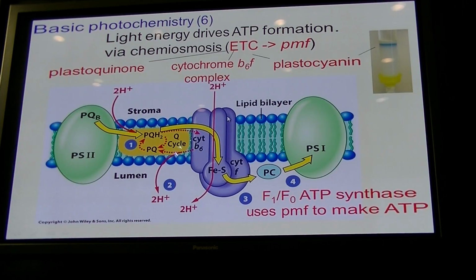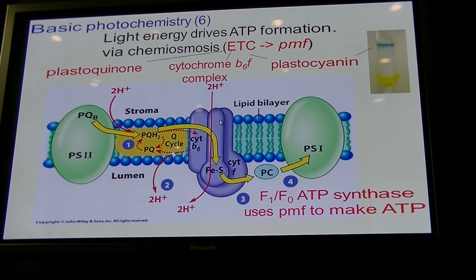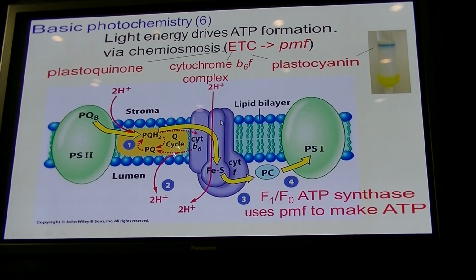Okay, so the quinone is reduced. What happens with it? The plastoquinone formed as reduced in photosystem 2 can go in an electron transport chain. And what it does is it reduces a complex that we call the cytochrome b6f complex in plants.